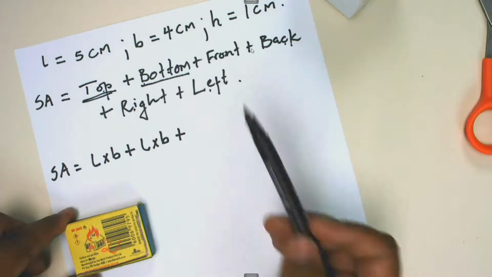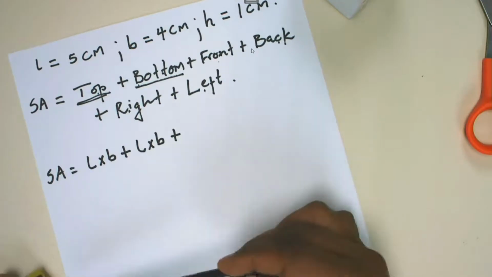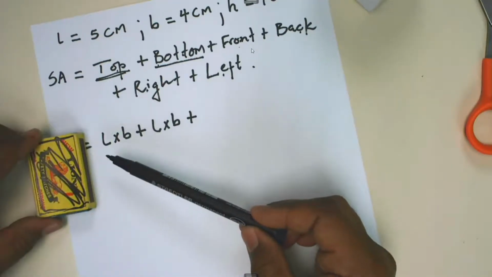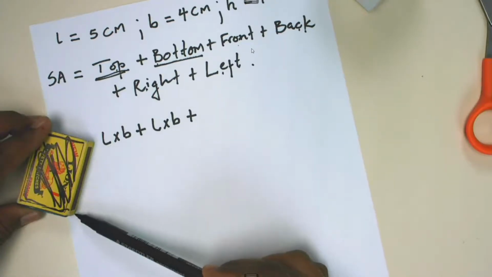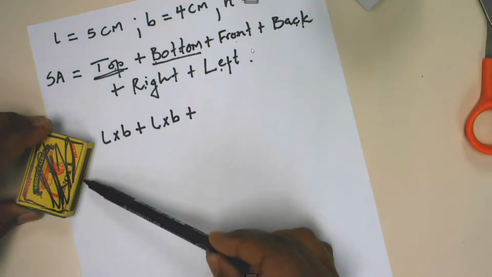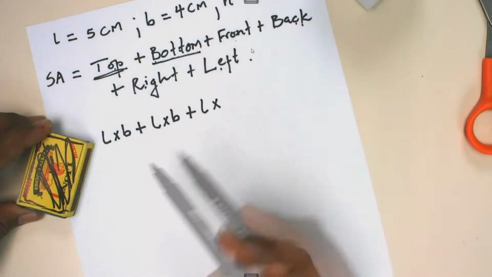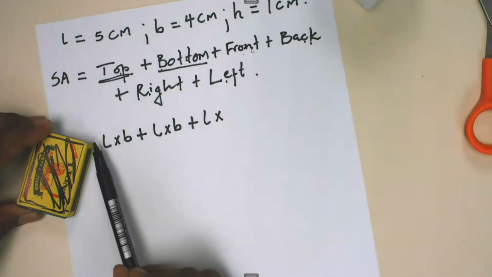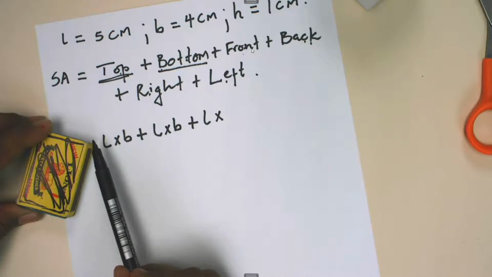Plus, now let's go to the front side. This is the front. Now have a look at the front. The front side is the length multiplied by, now look at this one, it is going up from bottom up. What do we refer to that side or length?